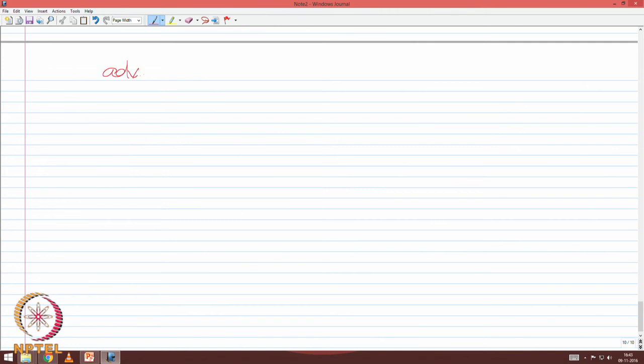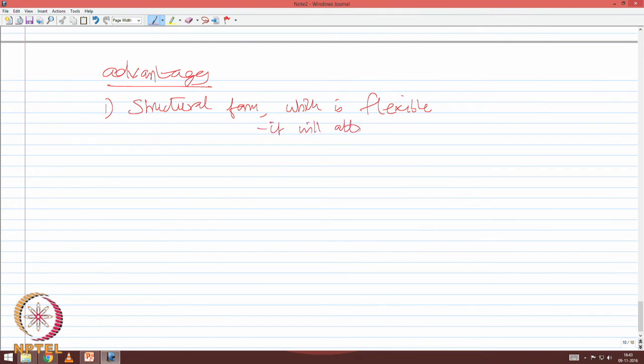One can say, what are the main advantages? When you have a structural form which is flexible, the first advantage is it will attract less forces.